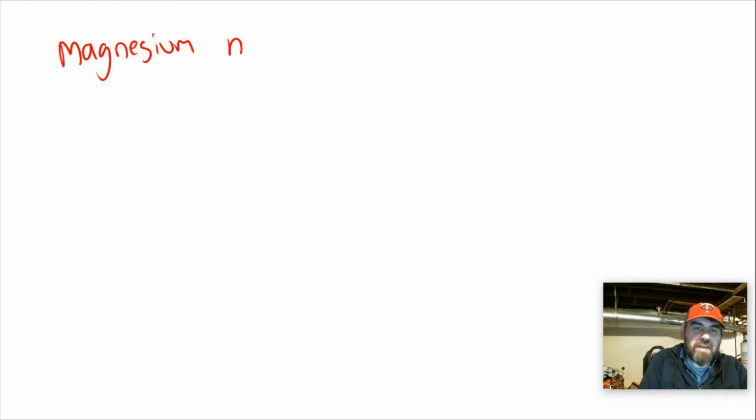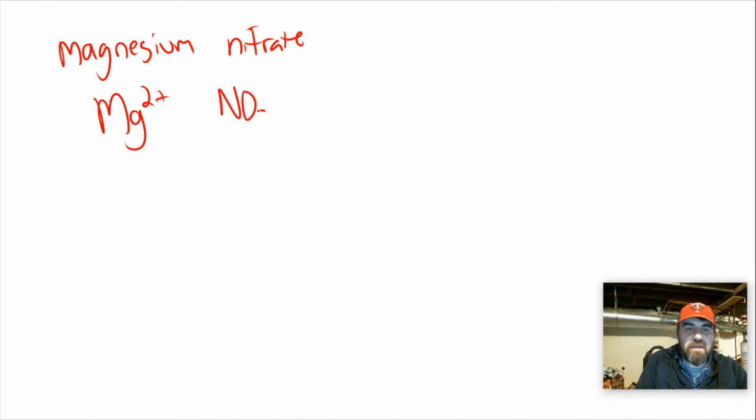Oh, but now you're going to hate me. Watch this. Let's do magnesium nitrate. We already did magnesium. It was Mg with a positive 2. Already did nitrate. NO3 with a negative 1.